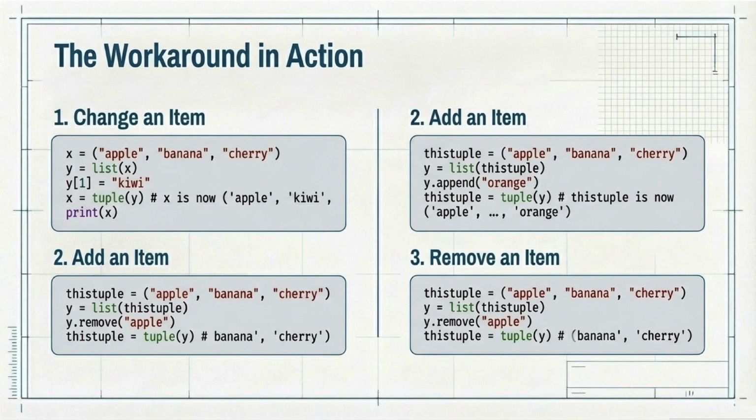Similarly, to remove an item, the tuple is converted into a list and an element like apple is removed using y.remove("apple"). When the list is converted back into a tuple, the result becomes banana and cherry. Through this approach, you can effectively change, add or remove elements while maintaining the immutability principle of tuples by always creating a new tuple.